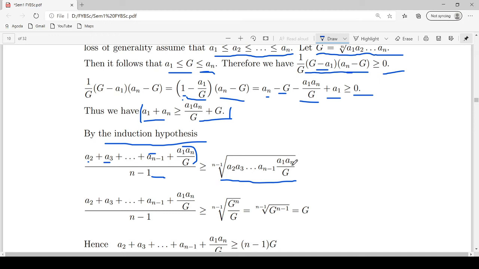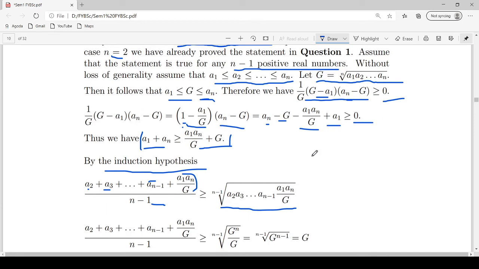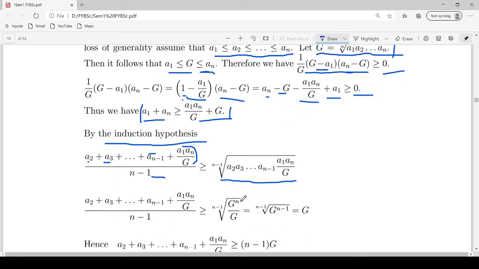But what is this product? This product is equal to g raised to n, because here you see your g was the nth root of this product. Therefore, this product is equal to g raised to n. So you replace this product by g raised to n. So you have the n-1th root of g raised to n upon g.